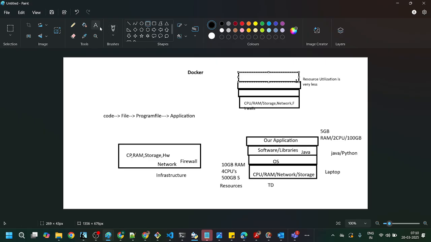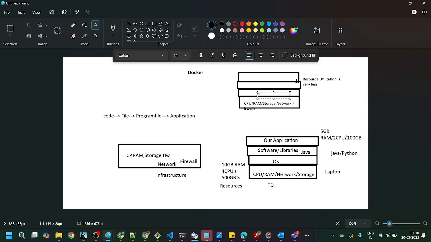So this is the OS. On top of that, install Python to run the Python application. You need to install the Python software, and on top of that our application will be deployed.